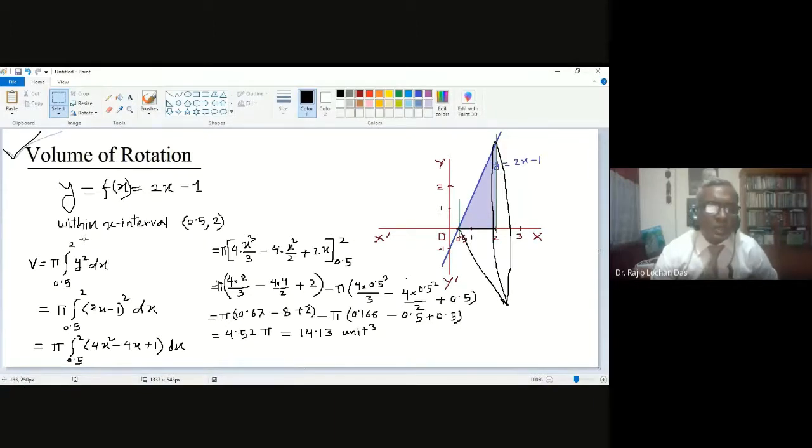If you use the formula, from a to b there will be pi at the front, and then the integration from a to b of y square dx. Then you are thinking y is a function of x, and in that case the independent variable x will be the rotating line.